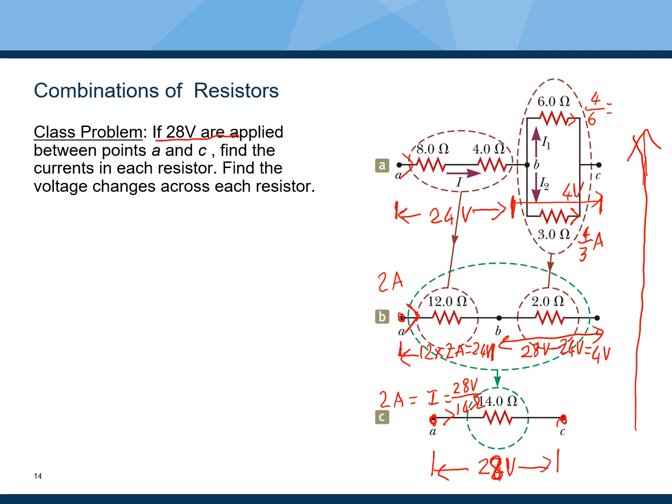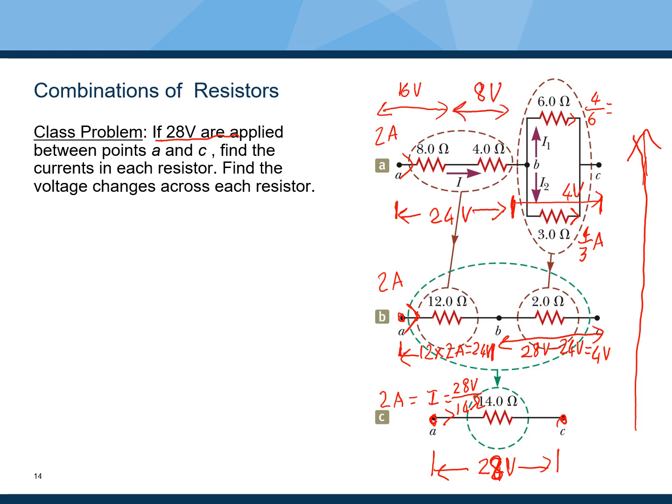So we still have 2 amps of current flowing through the 8 ohm resistor and the 4 ohm resistor, and we can therefore say that across the 8 ohm resistor we have a voltage drop of 8 times 2, which is 16 volts, and we should have a total of 24 volts between points A and C, and so across the 4 ohm resistor we have a voltage drop of 24 minus 16, which is actually 8 volts.